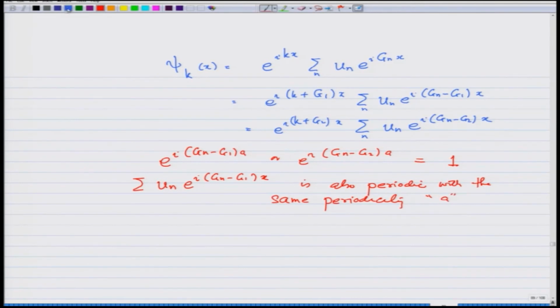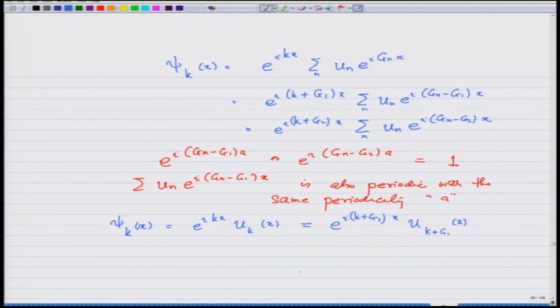So, I could write psi_k(x), which is e^(ikx) u_k(x), also as e^(i(k+g1)x) u_(k+g1)(x). I will call the function with g1 as u_(k+g1)(x).